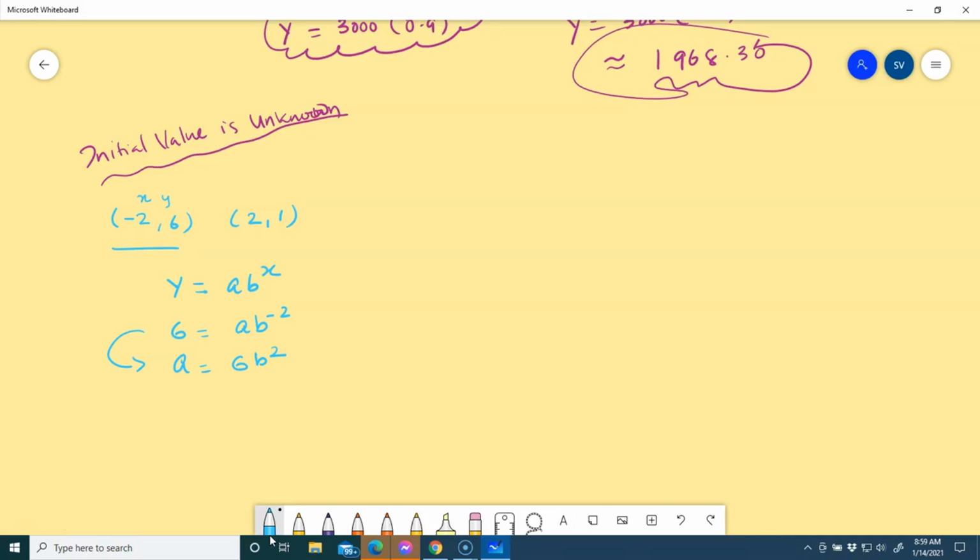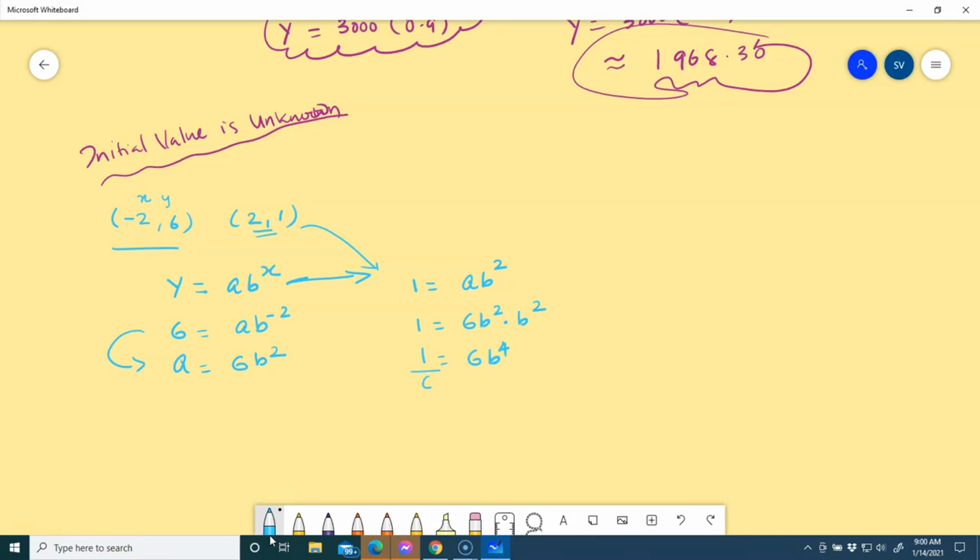So if you are choosing the second coordinate, we can rewrite this equation, what is the y value? 1. 1 is equal to a b square. So we already know what is a, 6b square. So that is 1 is equal to 6b square times b square. That is 1 is equal to 6b to the power 4. So we actually need to isolate b.